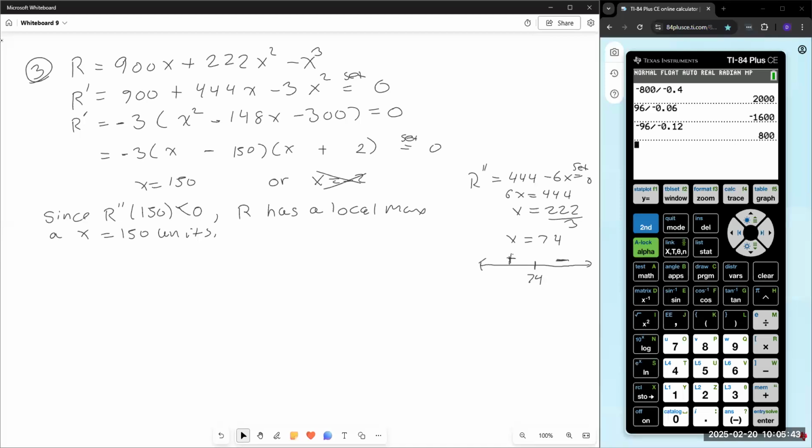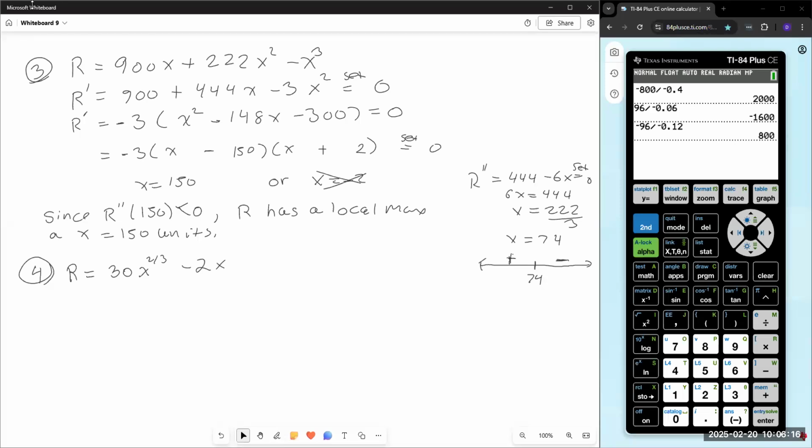Let's look at number 4 to finish up this little section of problems on maximizing revenue. The revenue equation given to us here is that R is equal to 30x to the 2/3 minus 2x.